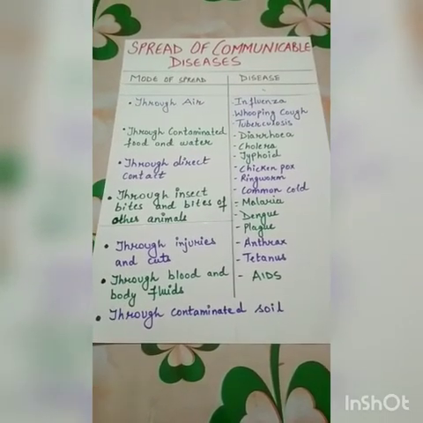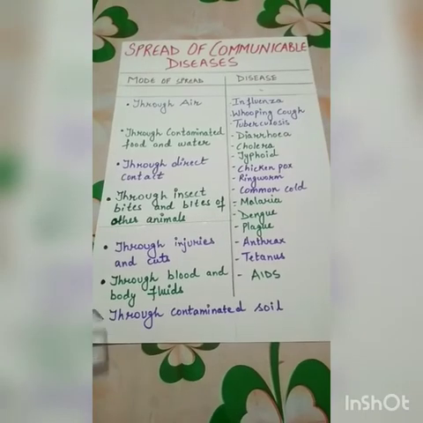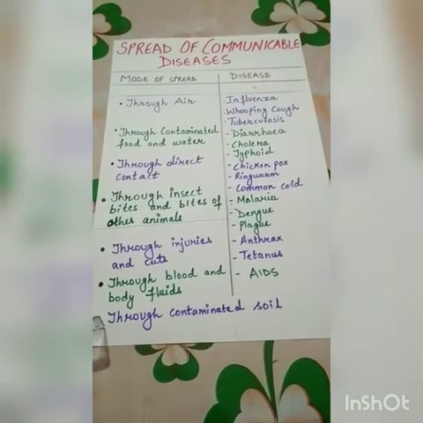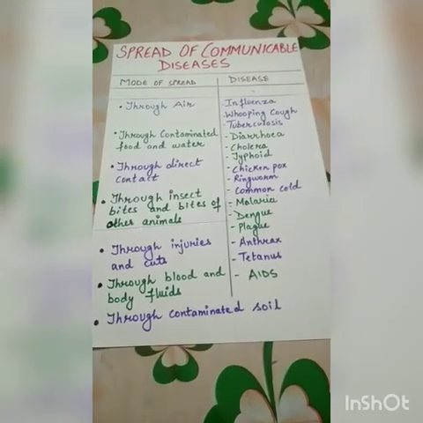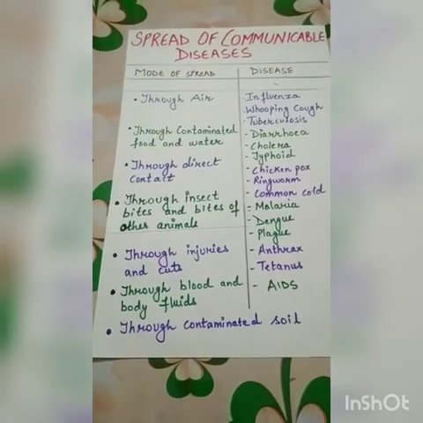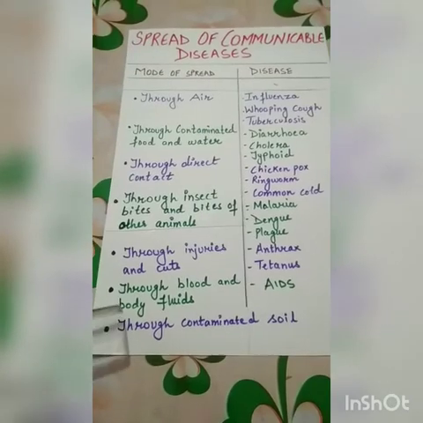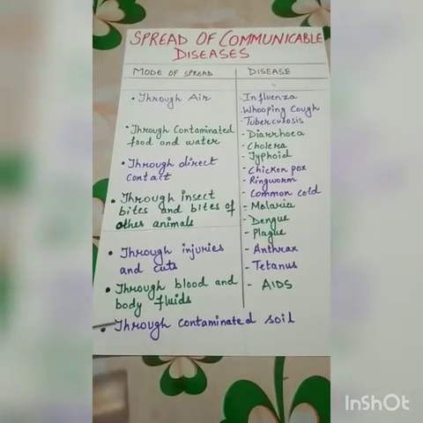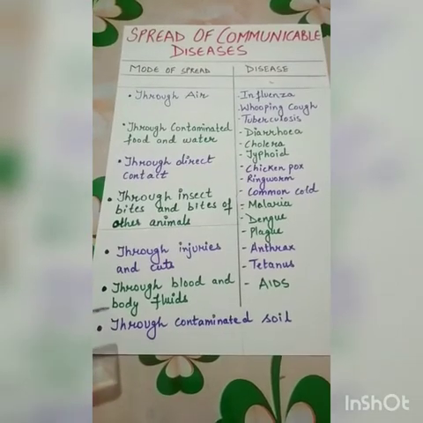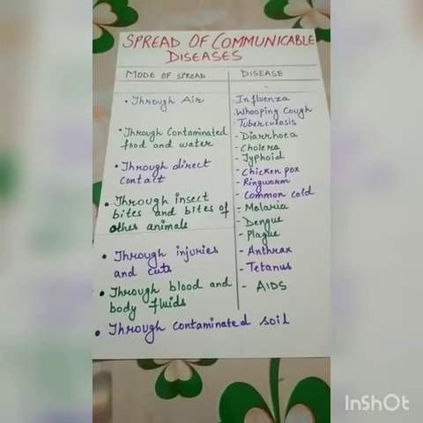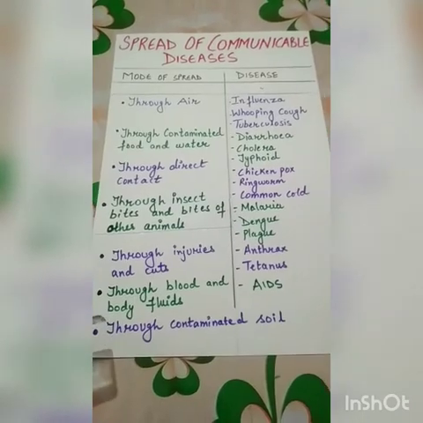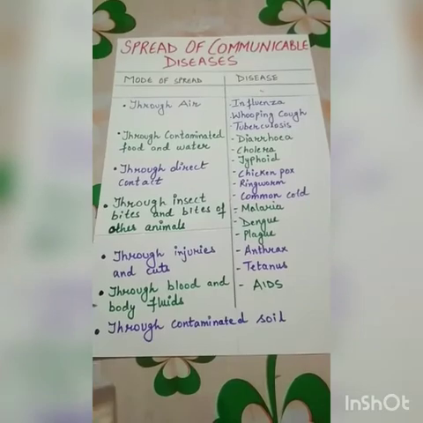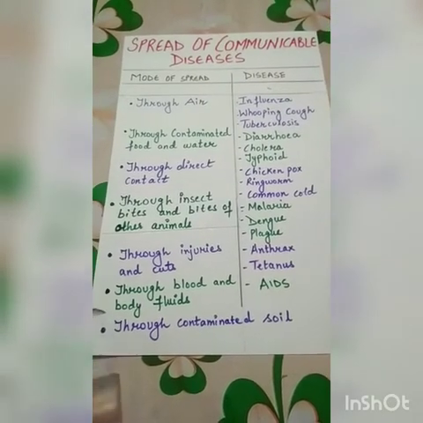Then there are some diseases which spread through contaminated soil also. Contaminated soil spreads diseases, as the eggs and larvae of tapeworm, hookworm, etc. contaminate the soil, and can enter the body of a person on walking barefooted on such soil.